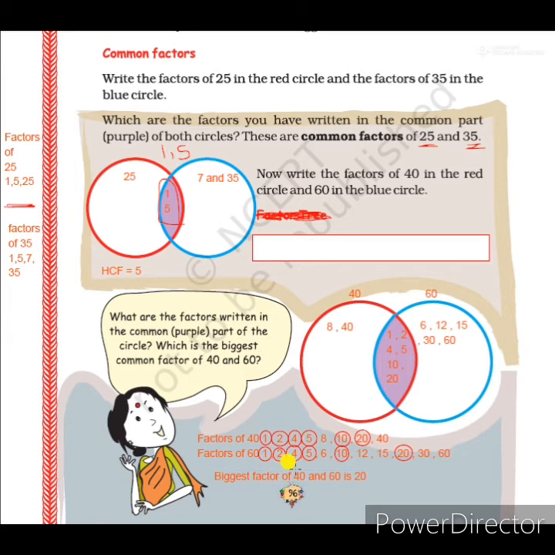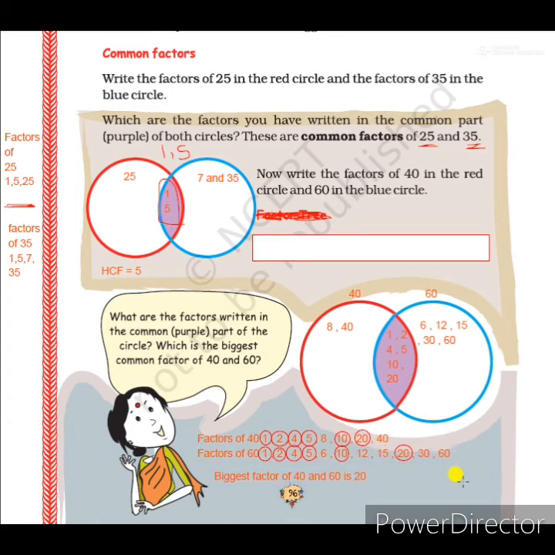Next is 4 into 15, 60, so 4 is a factor. 5 into 12 is 60, so 5 is a factor of 60. 6 tens are 60, so 6 is a factor of 60. 10 sixes are 60, 10 is a factor. 12 fives are 60, 12 is also a factor. 15 into 4 is 60, so 15 is a factor of 60. 30 twos are 60, so 30 is a factor. And 60 ones are 60, so 60 is also a factor. So these are the factors of 60.